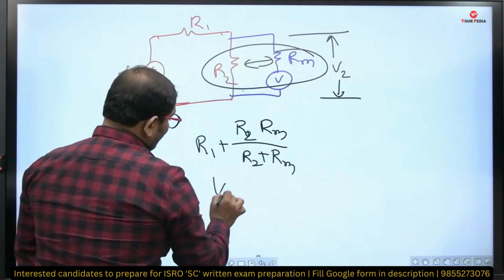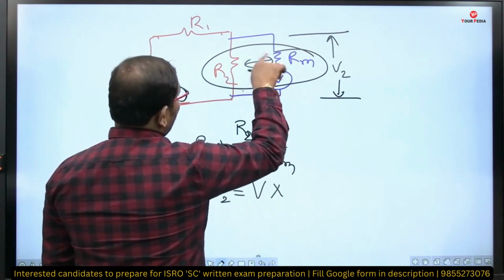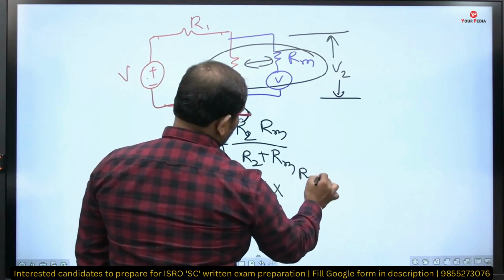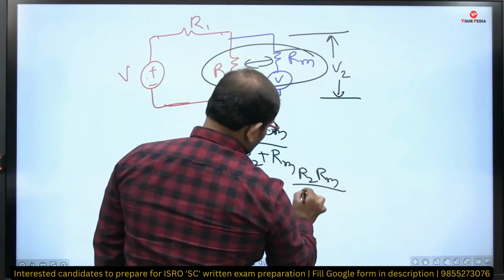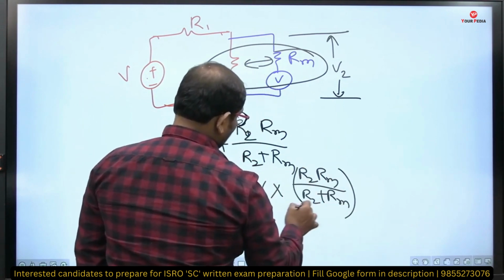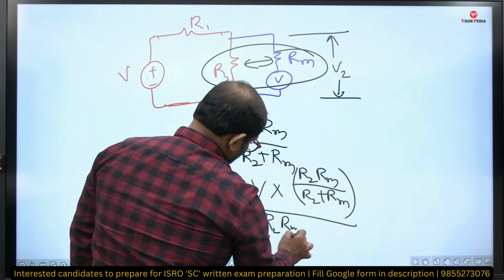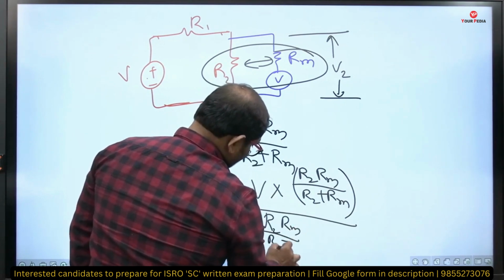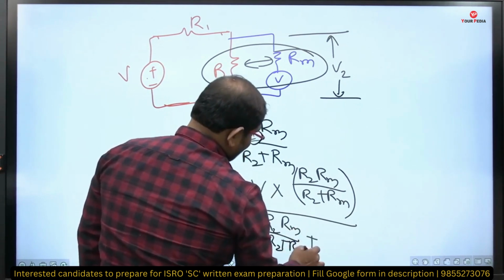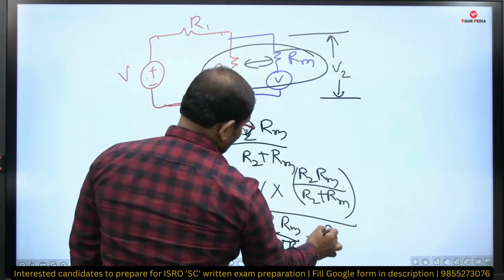So what is V2? V2 is equal to V into the equivalent combination here, R2 into Rm by R2 plus Rm, divided by R2 Rm by R2 plus Rm plus R1.